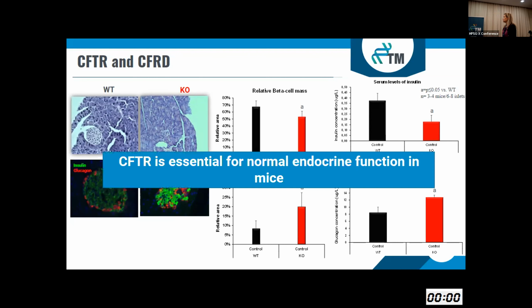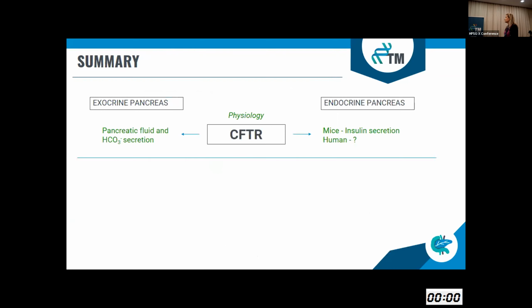To summarize the role of CFTR, I can say that CFTR plays an important role in both the exocrine and the endocrine pancreas. Under physiological conditions, it plays a role in pancreatic ductal fluid and bicarbonate secretion in the exocrine pancreas, and in insulin secretion in the endocrine pancreas.